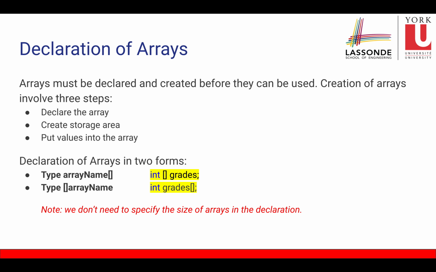Let's see the example: int[] grades, or int grades[]. Both of these could define an array filled with elements whose type is integer. Here, we don't need to specify the size of the array in the declaration.